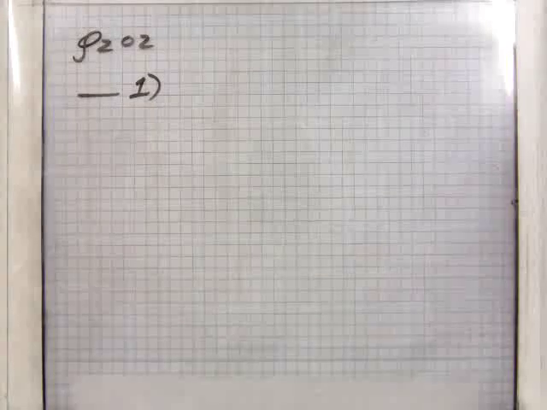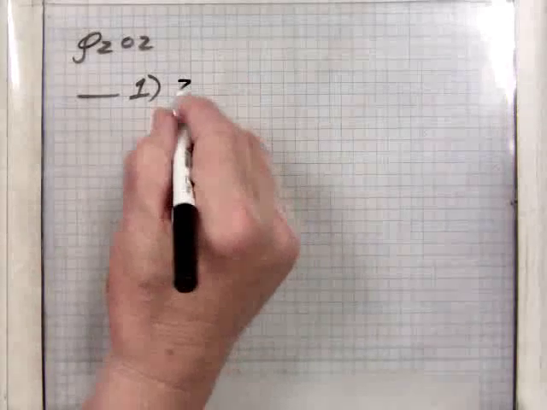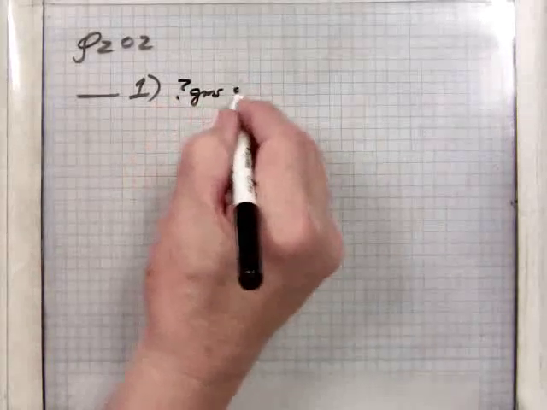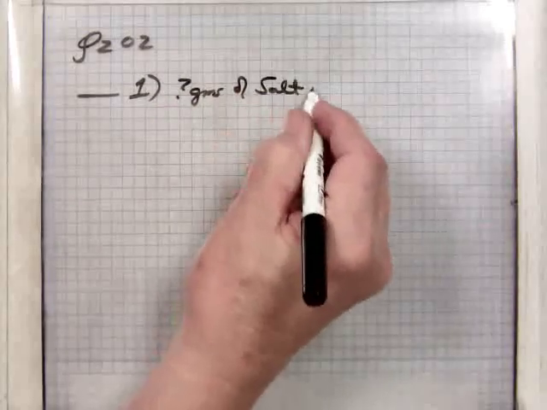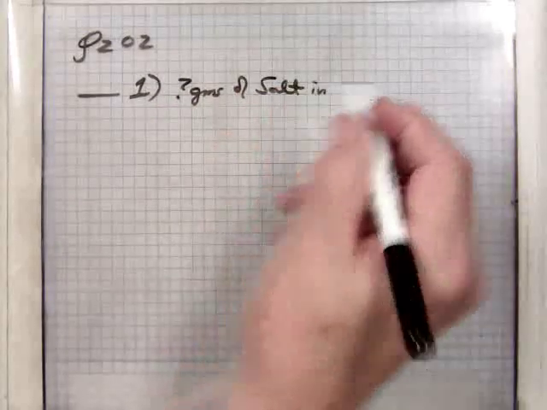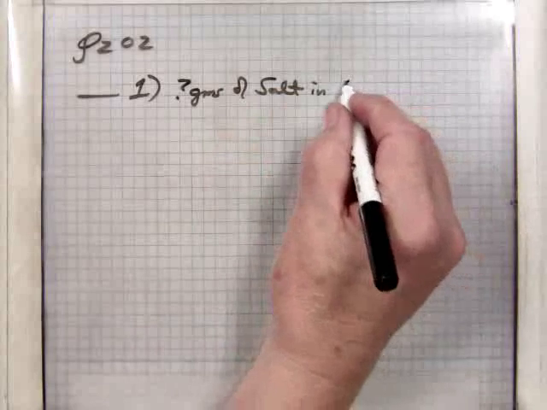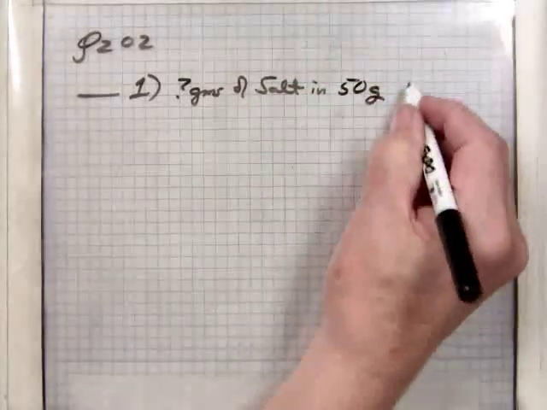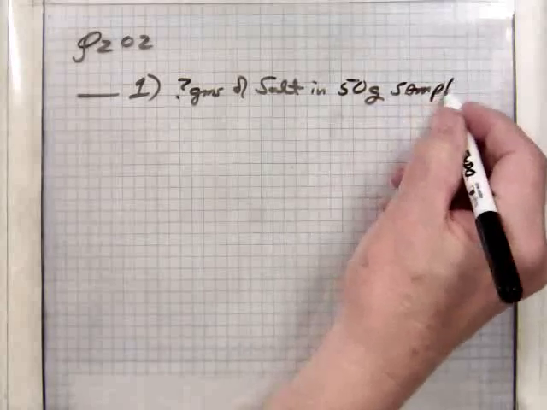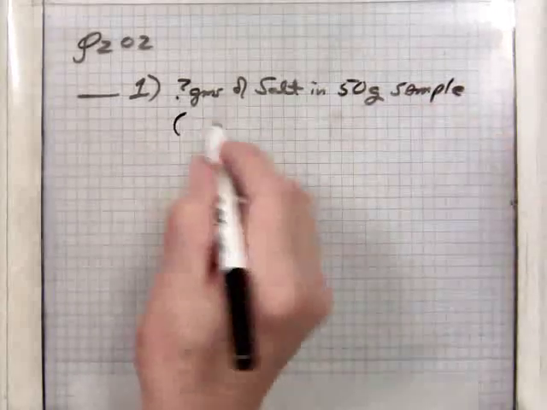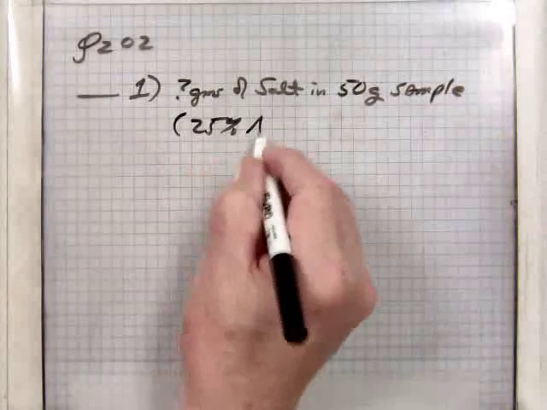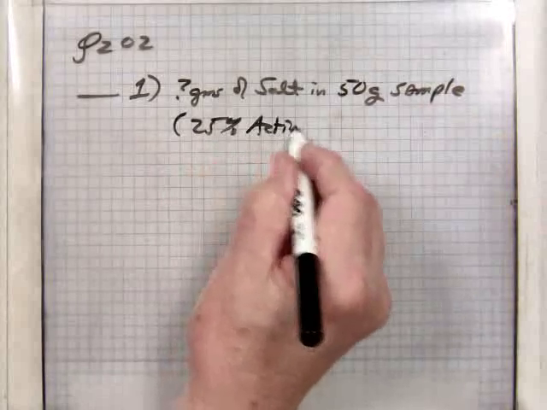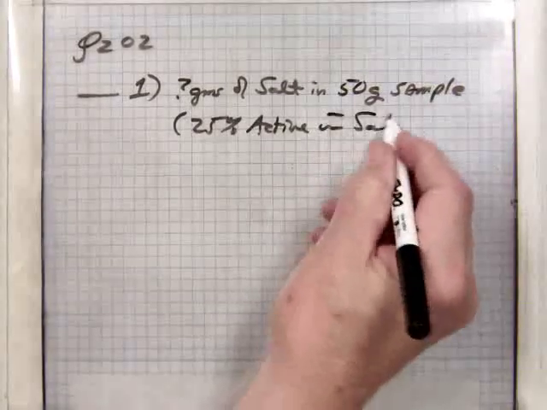What weight of salt can be found in 50 grams of aqueous solution that is 25% active in the salt? So how many grams of salt in a 50 gram sample, and it's 25% active in the salt?